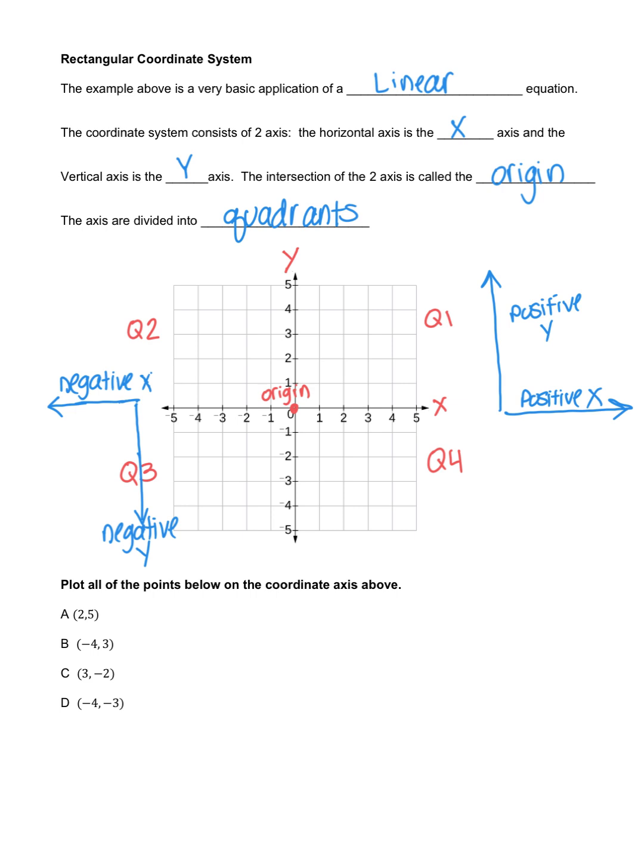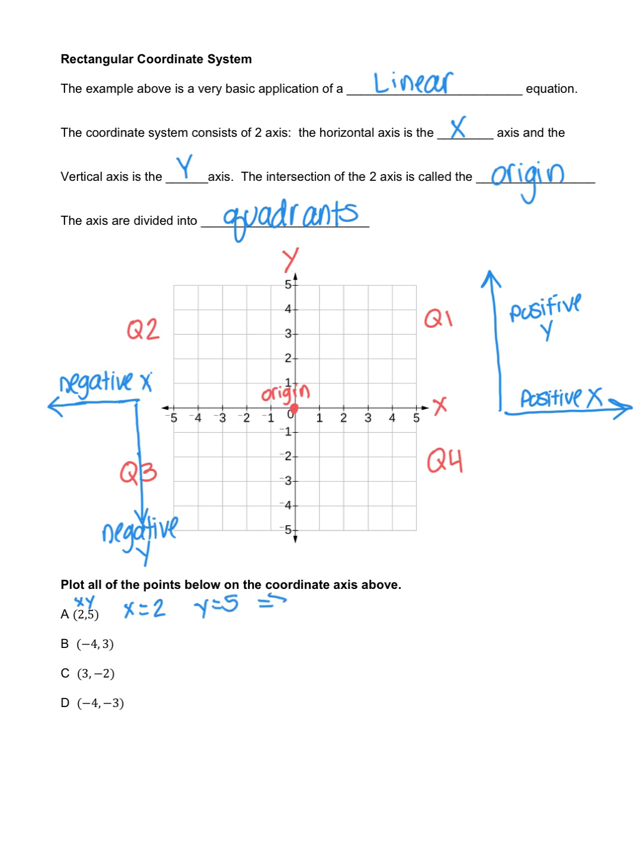So let's go ahead and look at the next part. It says plot all of the points below on the coordinate axis above. So we have 2, 5. We can see our x is 2 and our y is 5. So I'm going to write that down: x equals 2, y equals 5.